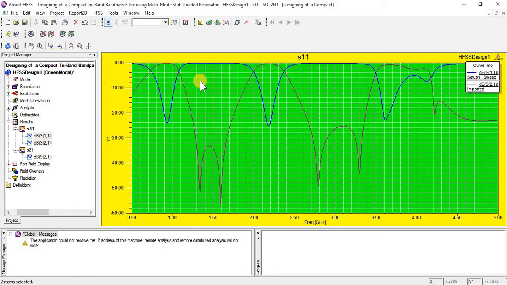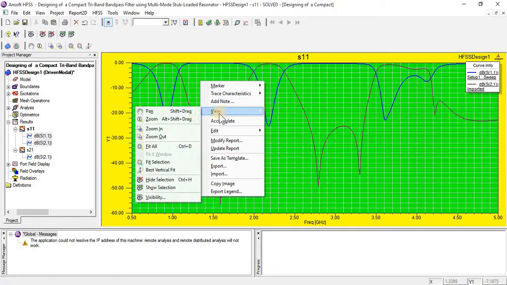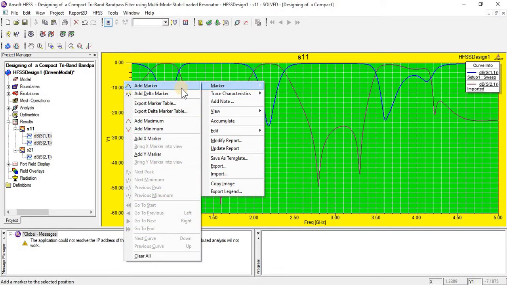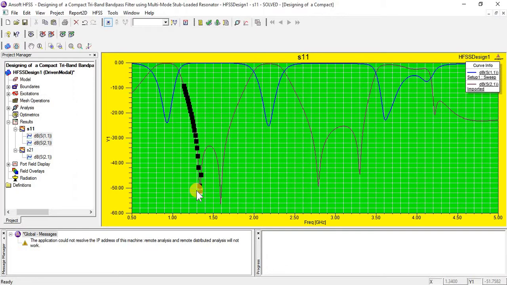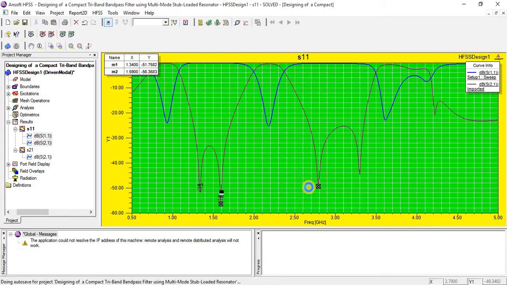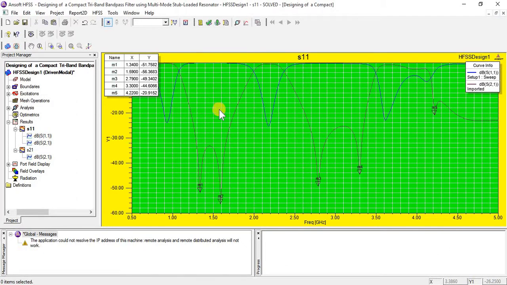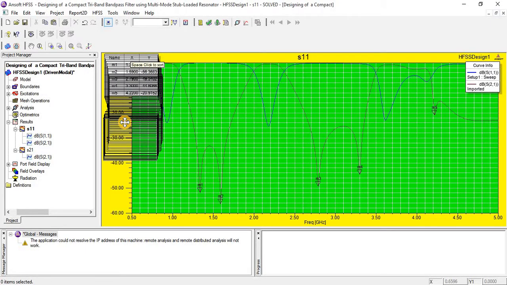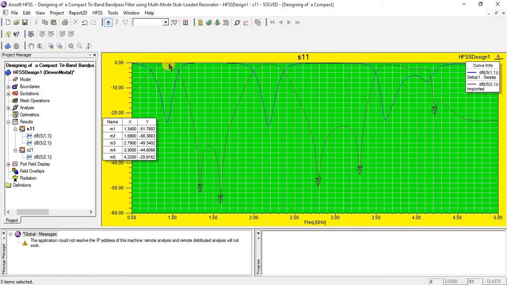Now I am going to mark the transmission zeros. These are the transmission zeros.